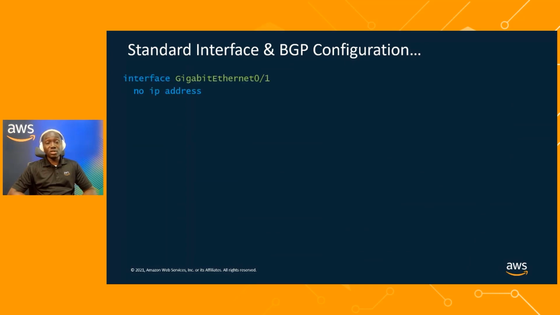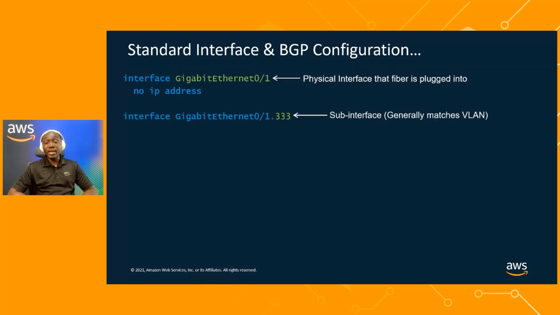On a Cisco device, you would have an interface that connects the physical Direct Connect fiber, the cross connect I spoke about. You create a sub-interface, and usually we match it with the VLAN ID for this specific interface type.